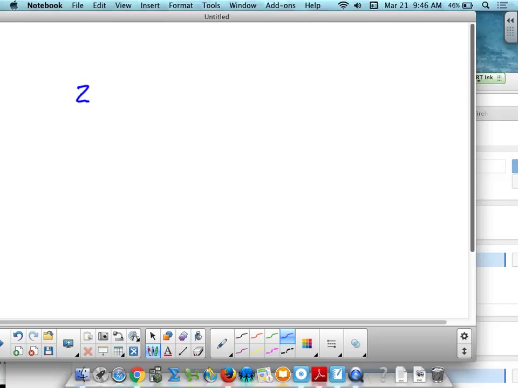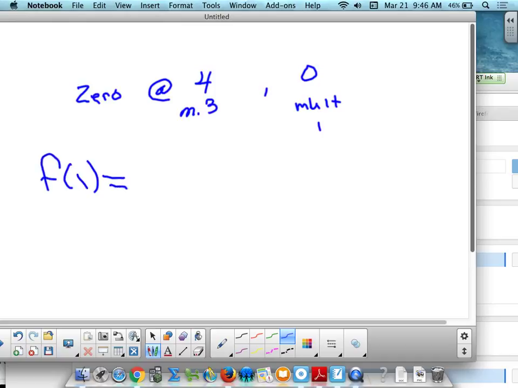It's right there. 0 at 4, multiplicity 3. 0 at 0, multiplicity 1. Give me your function in factored form.